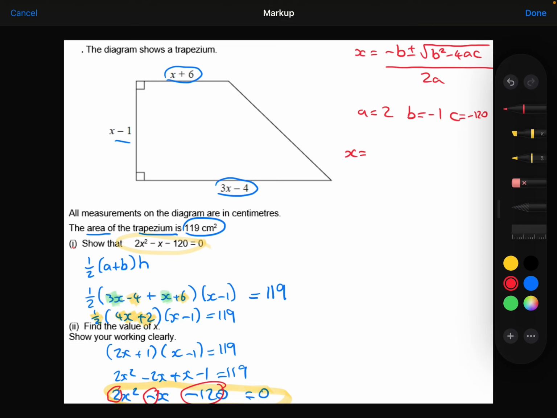So in the formula, I'll have minus b, so minus 1, plus or minus the square root of b squared minus 4 times a times c, being really careful with these negatives, putting them in brackets, over 2 times a.